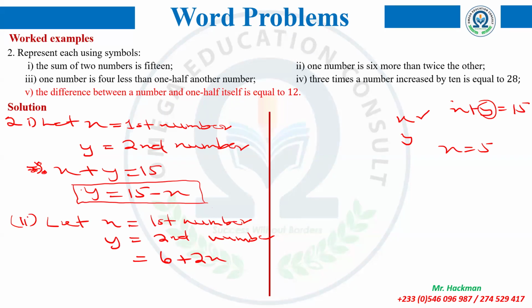I use this because once I say y is equal to this, you will say that x is equal to 6 plus 2y. There's nothing wrong with that. It's the same thing. If I write it this way, my first unknown, the other number, is x. For you, if you write x equal to, your other number will be y. You get it?